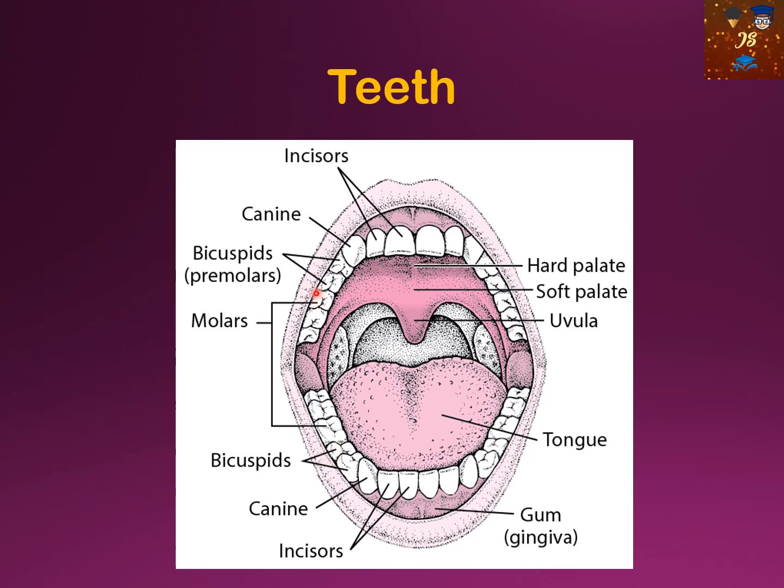These 2 are the premolars, and this 3 and the lower 3, these 6 are the molars. So there are 4 different types of teeth: incisor, canine, premolar and molar. The premolar is also known as bicuspid. And this is the gum within which the teeth are intruded, also known as gingiva.